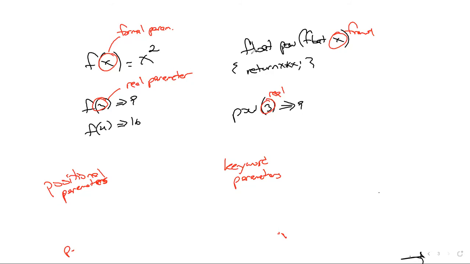So we have a function, for example, f of x, y equals whatever, and we call it with a 3 and a 4. Everybody knows that the 3 goes into the x and the 4 goes into the y. That's what's known as positional parameters. And that's what actually happens in a lot of programming languages. So let's rewrite the function pow. We have a float pow, and it's getting, let's say, a float x and an integer y.